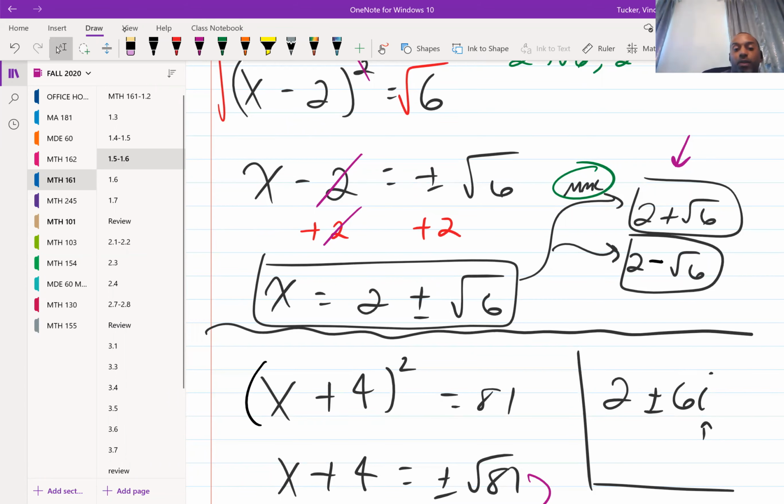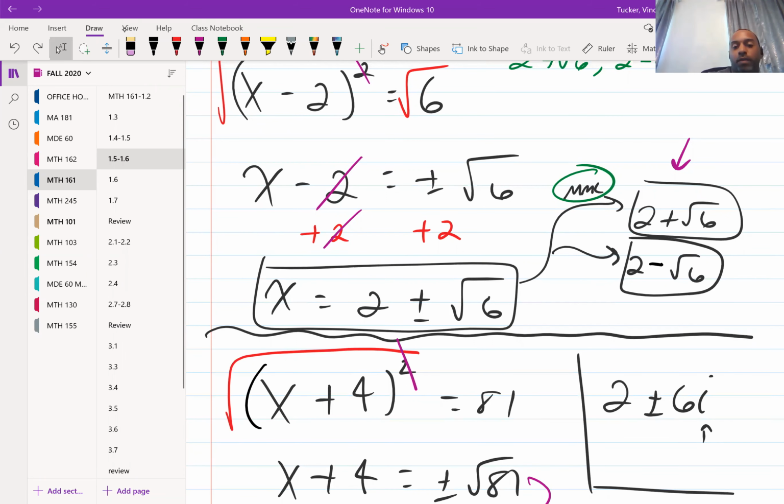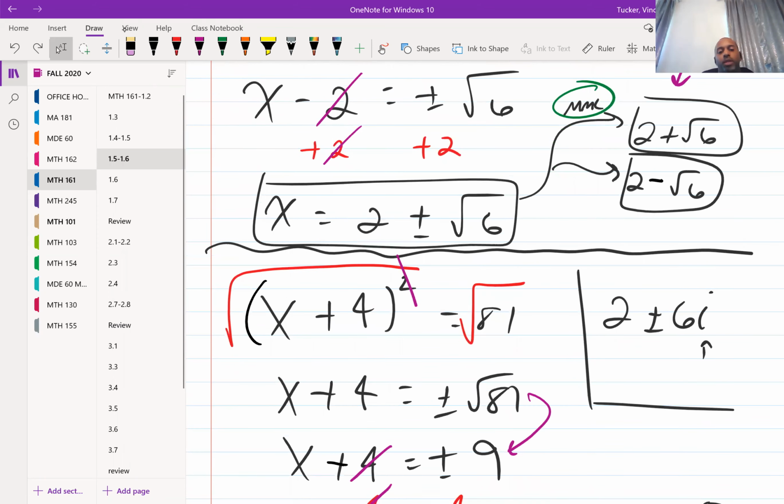The first thing we want to do, just like in the last one, is take the square root of both sides. That would be x plus 4 equal to plus or minus the square root of 81.